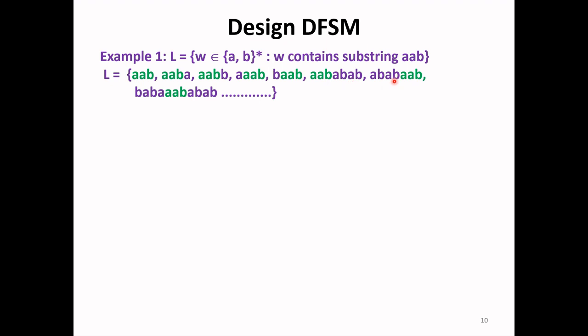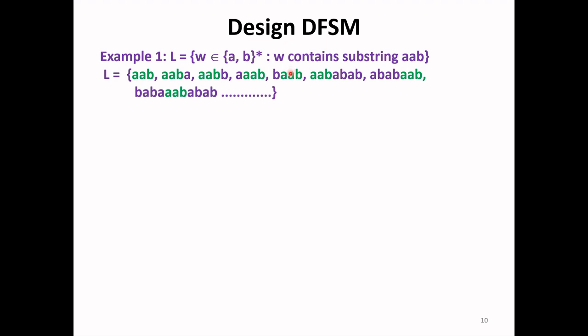Similarly, before and after AAB I may have some substring. These strings must also be accepted by this DFSM. So these are the possible strings in this language, and now we are supposed to design a deterministic finite state machine which accepts all the strings of this language. So how to design?